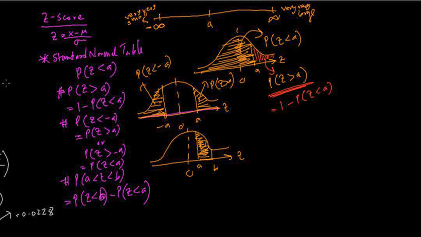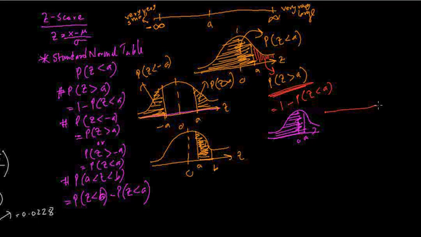Now can we think of this like this? The probability of z is less than a is this. Now the probability of z is less than b is this.